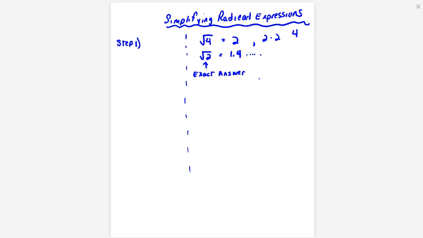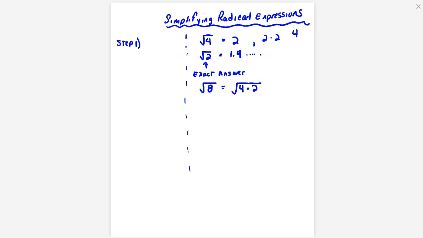Okay? But if we have something that is not an exact answer, like the square root of 8, there's no exact square root of 8, but we could say 8 is the same as 4 times 2, right?